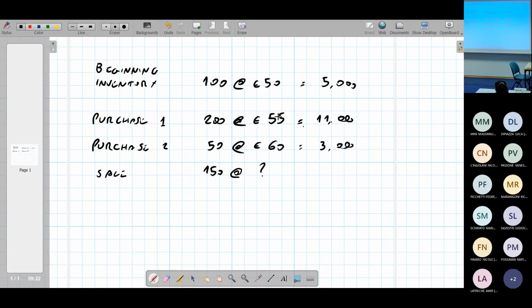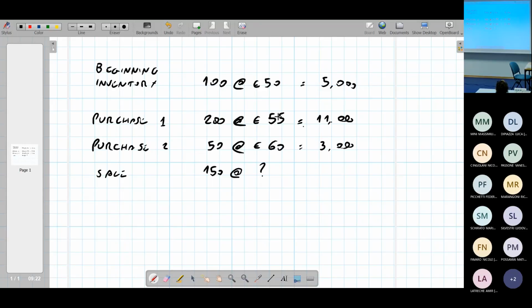This is possible, of course, although keeping track of that may be expensive, because it could be applicable to some industries. For instance, if you're selling cars, clearly you know exactly what car you're selling, because they have an ID, so you know exactly what the cost is.